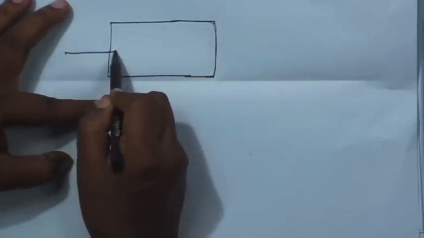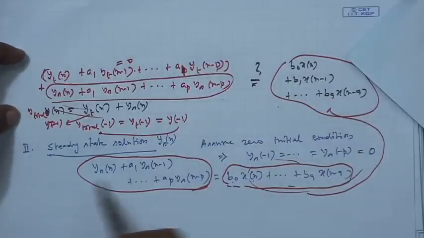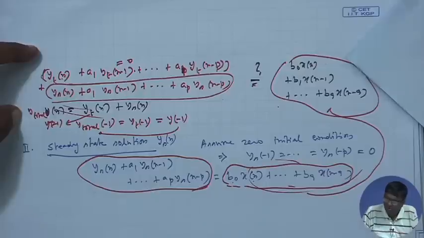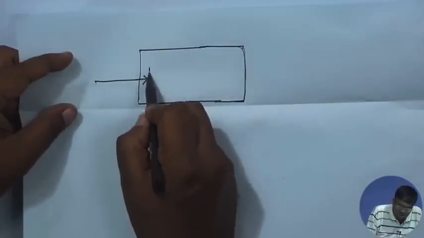This is your input. See, this steady state solution is obtained by solving this difference equation, and that has x n as the input and y s n as the output, with the same difference equation but 0 initial condition.